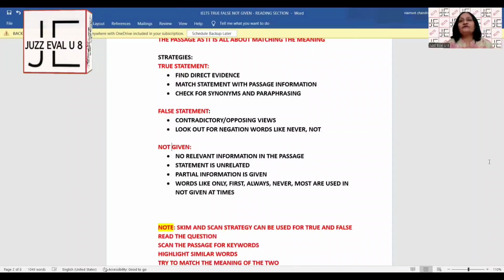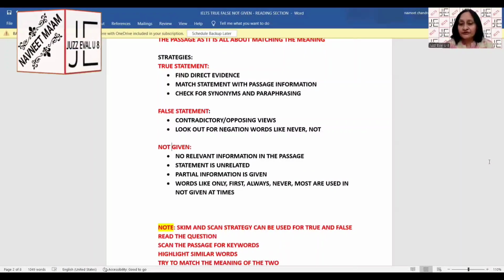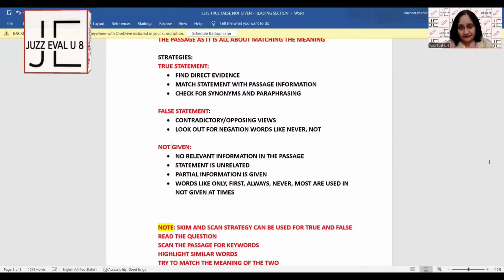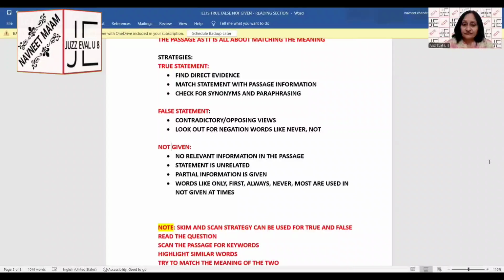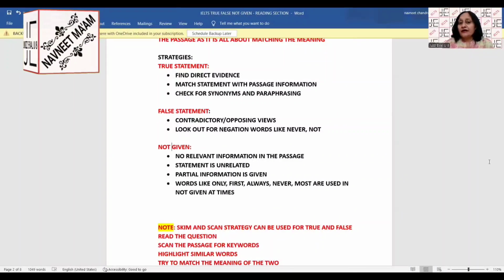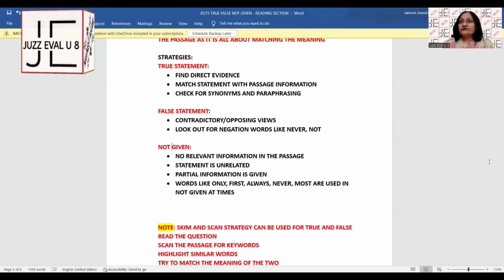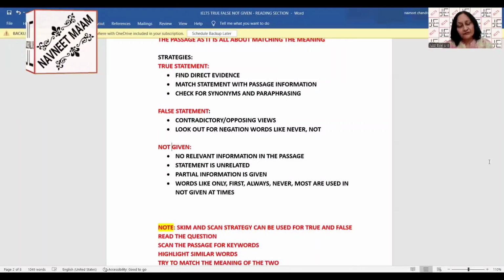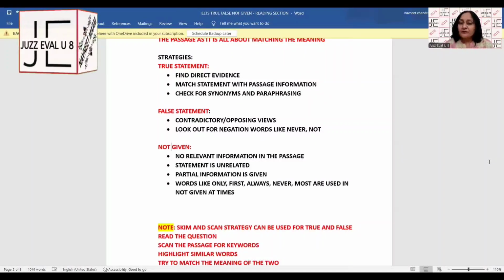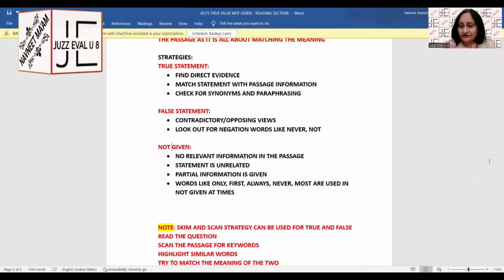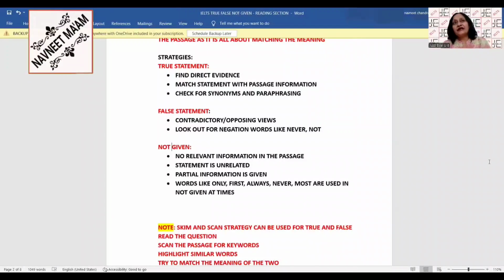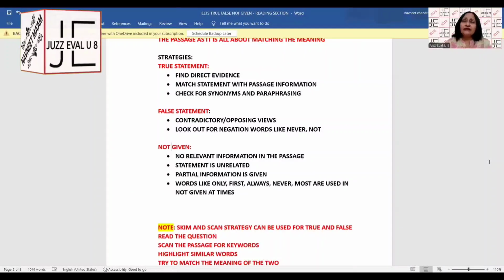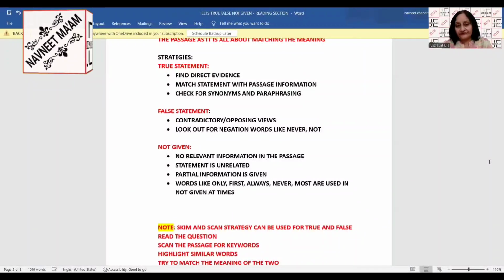False statement, look for contradictory or opposing views, and negative words like never, not. Then not given. No relevant information in the passage. Like it's talking about totally something different. Statement is totally unrelated. Partial or part of the information is given. At times, words like this is the only planet, whereas in the passage it's given that there are many planets and this is one of them.